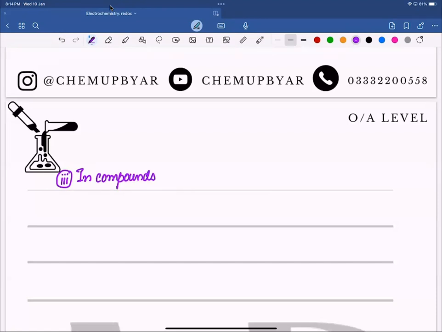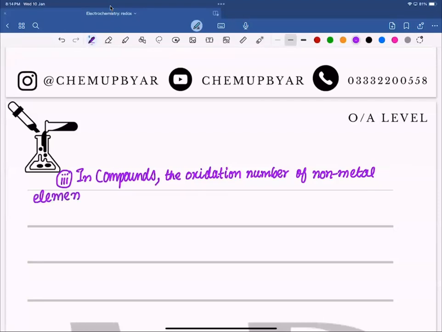In compounds, the oxidation number of non-metal elements is always negative if bonded with metal.